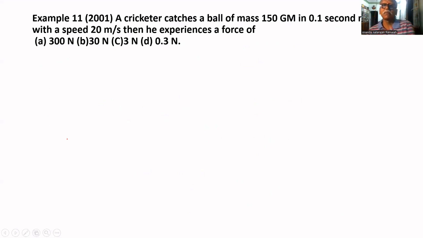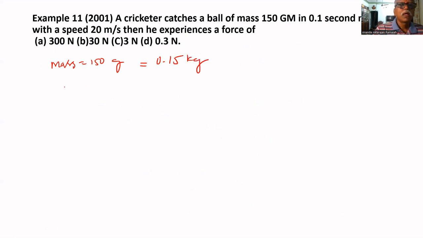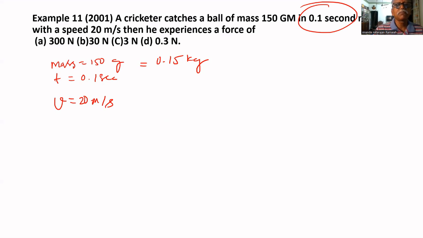A cricketer catches a ball of mass 150 gram, that is equal to 0.15 kg. He catches it in 0.1 second, moving at a speed of 20 meter per second.